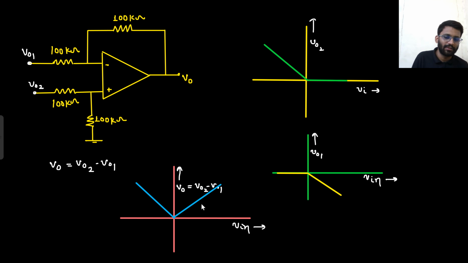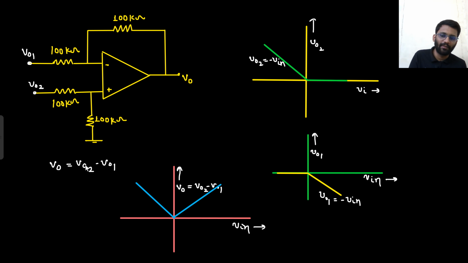What does this show? That here your V02 was equal to minus V in, right? And here your V01 was equal to minus V in, sorry. Look, for V in greater than 0, what is your output?